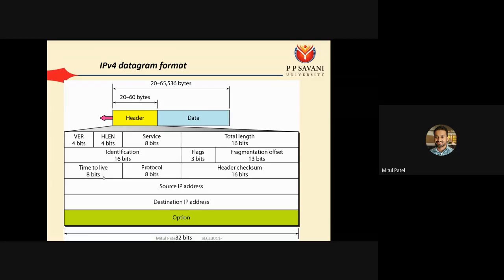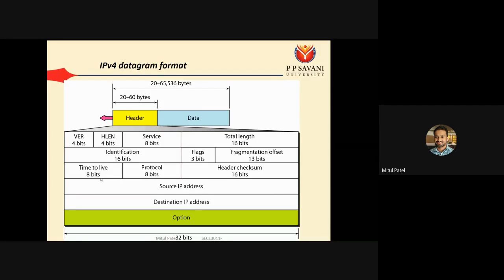So the TTL field is very important if your packet is not reaching the destination and is roaming within the internet due to some routing problem.